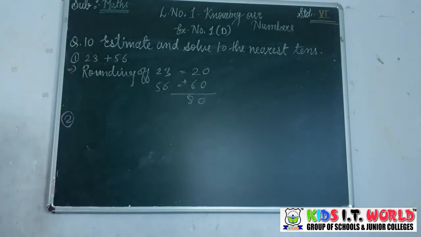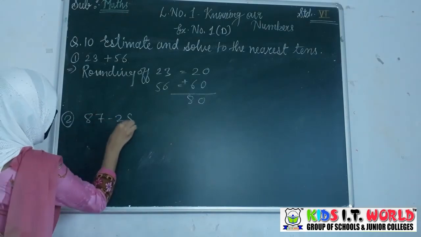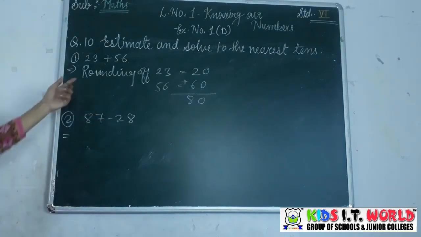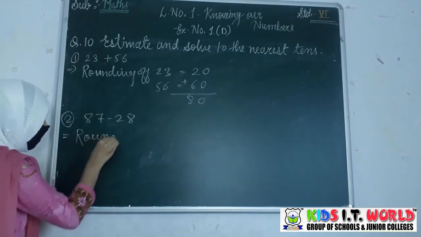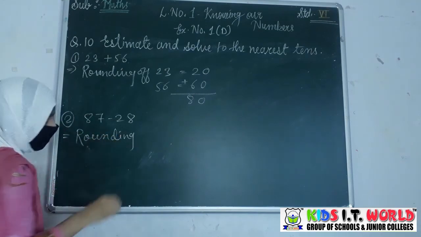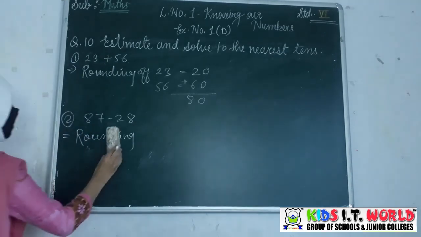In the second question you have to do the subtraction: 87 minus 28. Again you have to do the same process. First of all, round up the value, or you can write round off.